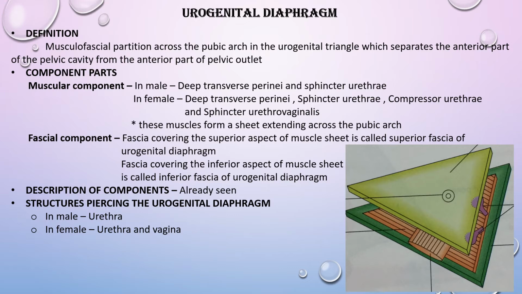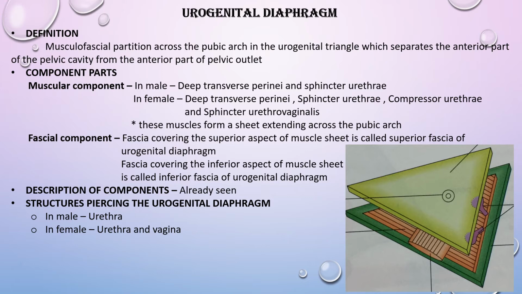In female, four muscles lie in the deep perineal pouch, namely deep transverse perineae, sphincter urethrae, compressor urethrae, and sphincter urethrovaginalis. These muscles form a sheath extending across the pubic arch.